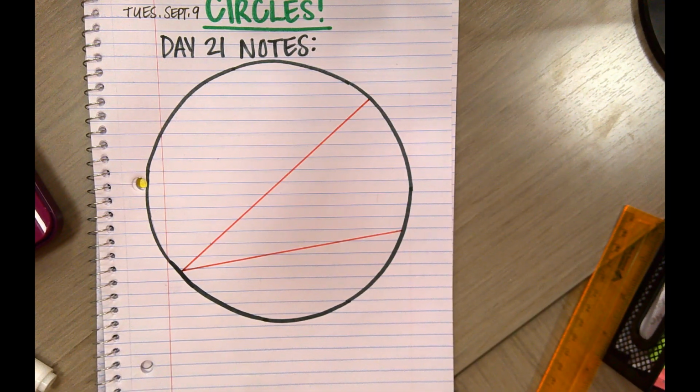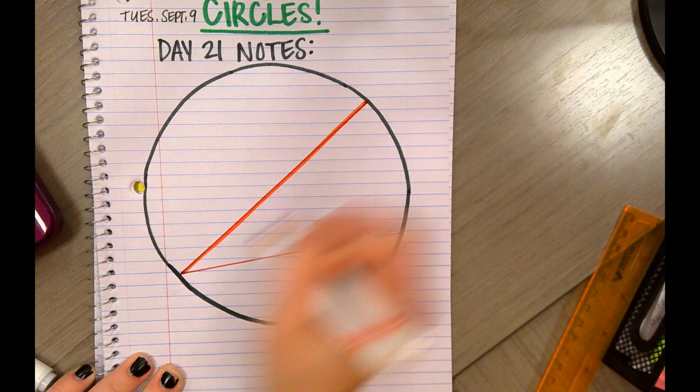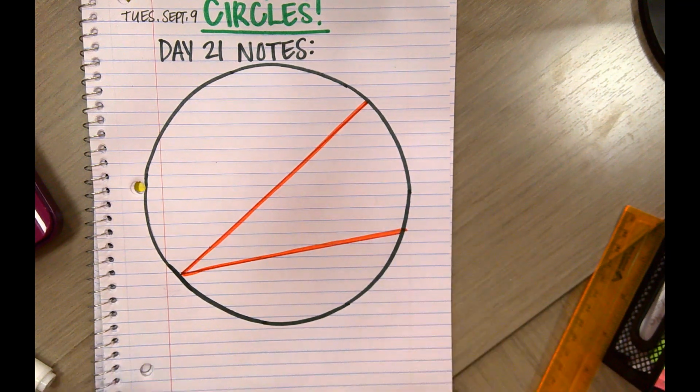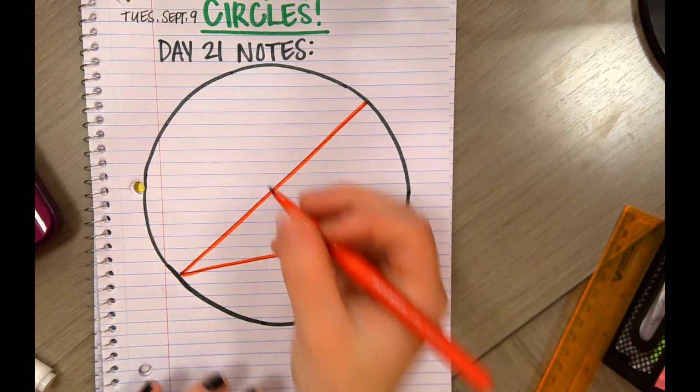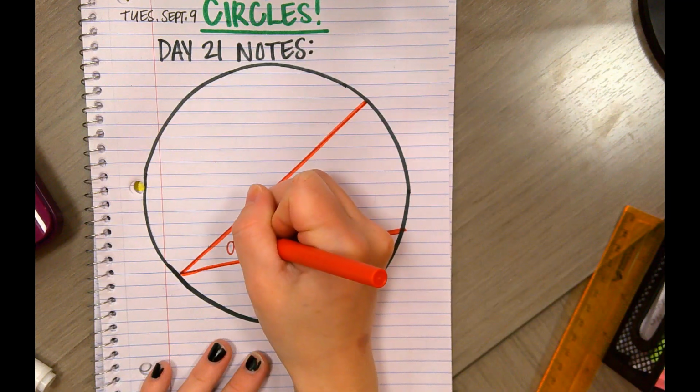And I'm going to make that even thicker. And we will say that this angle in the circle is, it does look like a Pac-Man, A degrees.